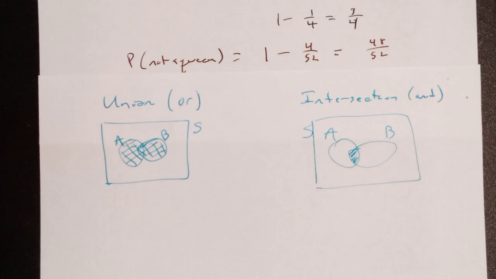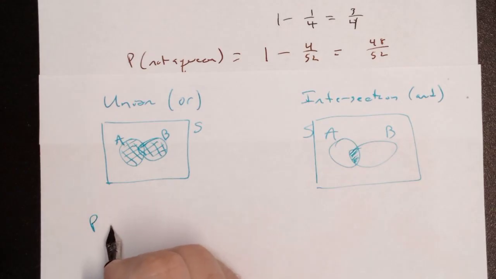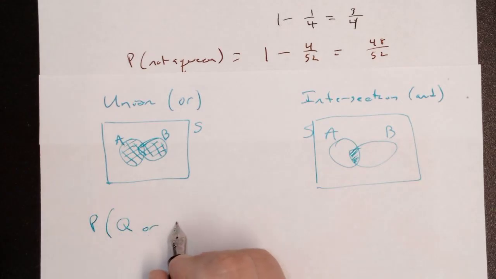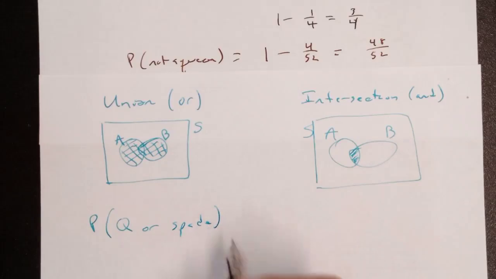So, earlier, we figured out the chance of getting a queen when we did the chance of not getting a queen. We figured out the chance of getting a spade when we did the chance of not getting a spade.